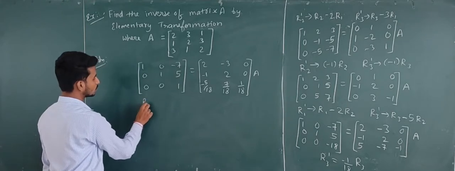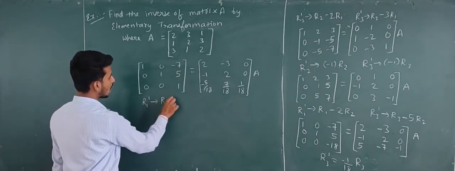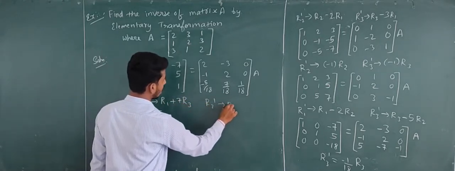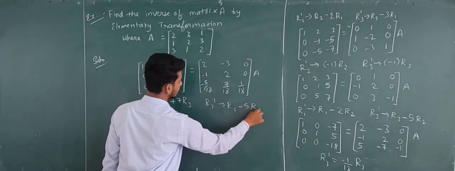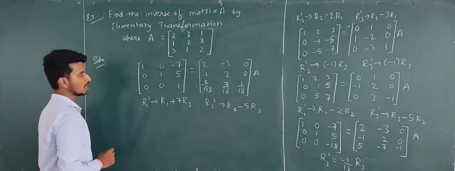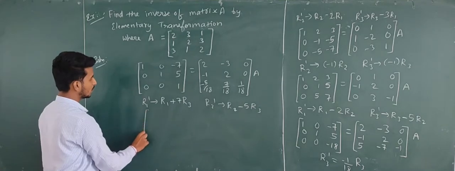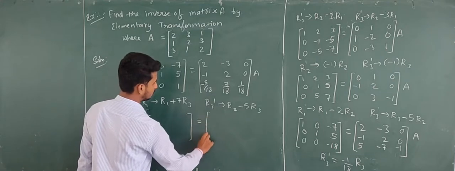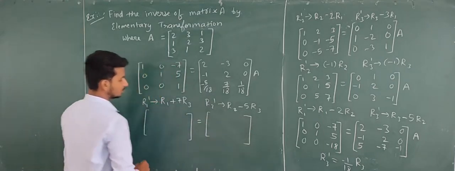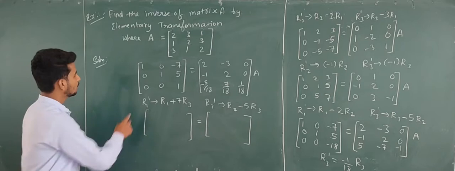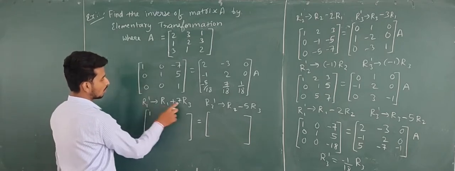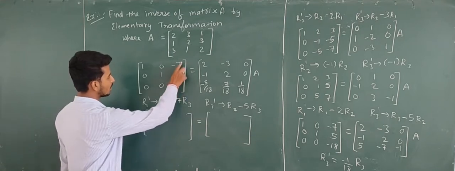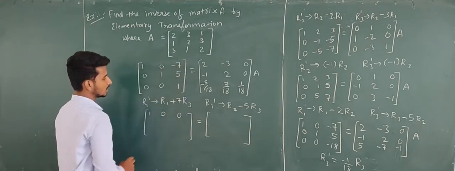With the help of the third row, R1 dash changes to R1 plus 7 R3, and R2 dash changes to R2 minus 5 R3. So now we are changing the first row: 1 plus 0 will be 1, 0 plus 0 will be 0, minus 7 plus 7, that is 0.